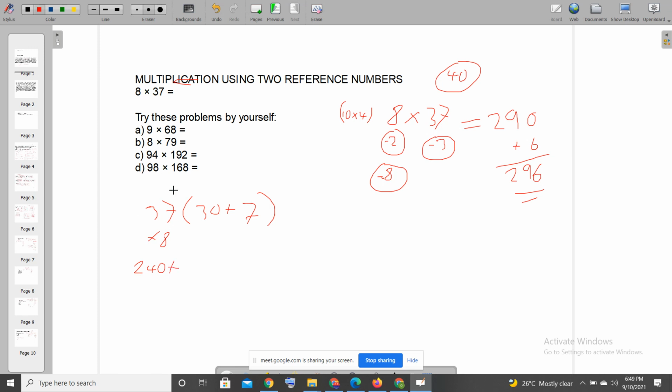You said 8 times 7, it is 56. So here I'll add plus 56. Either you do this, anyhow you want to do it is the same. If you do this, here is 6, here is 9, here is 2. You see that we've gotten the same answer.